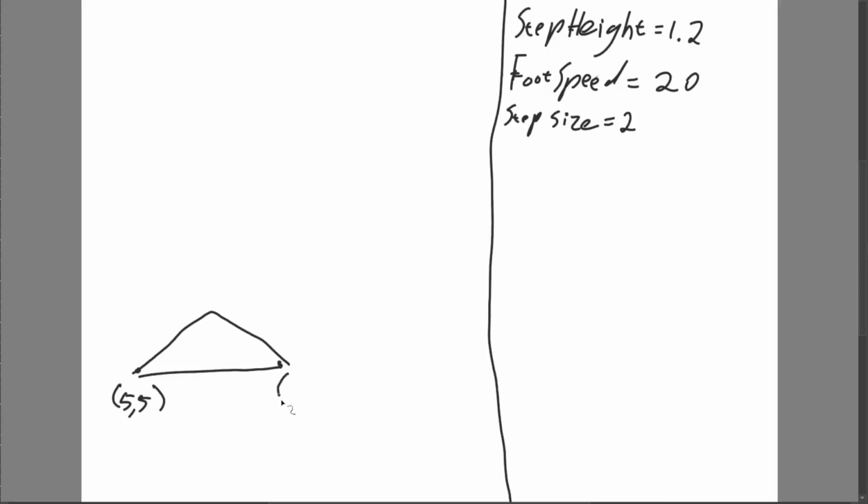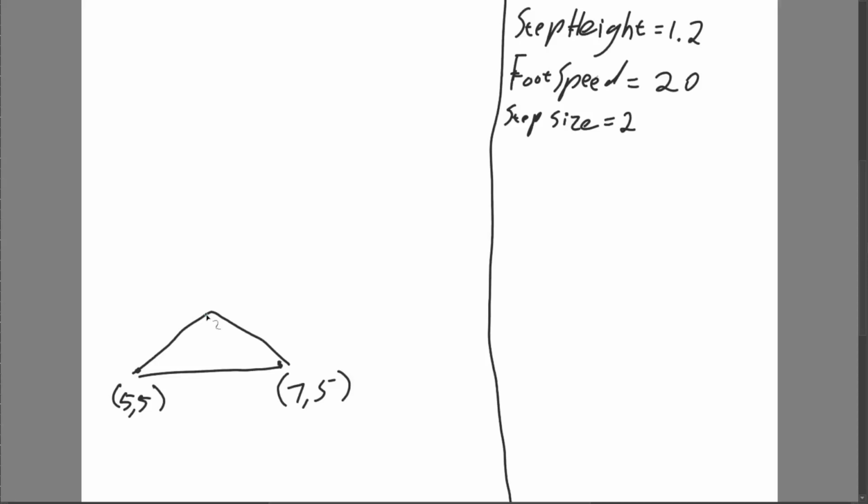Then the final point where we want to place our foot is going to be 7, 5. So we need to get this point. To figure out what this point is, we need to find a point that's halfway between the 2 points and up by a certain distance.